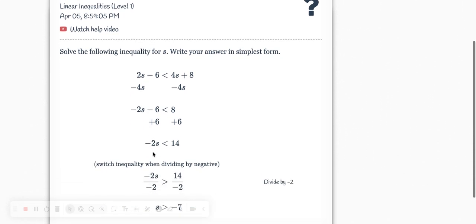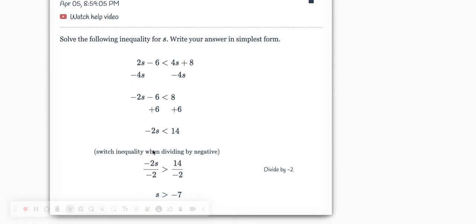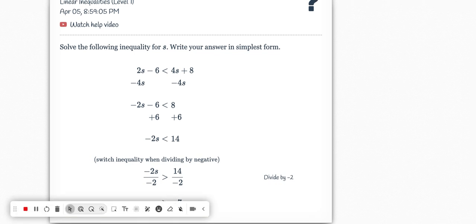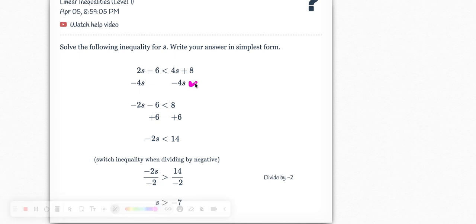So let's pause and take a look at what Delta Math says. Okay, yep. So we subtracted 4s from both sides. And then we just had the 8 here, which is good. And we added 6 to both sides, and it became 14.